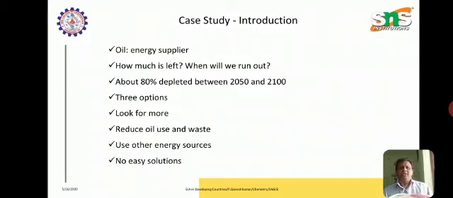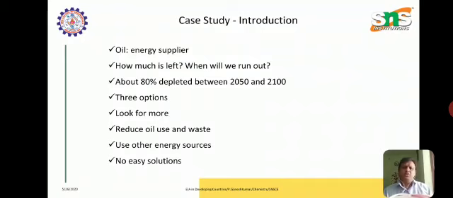But the study says that about 80% of this energy will deplete by 2050 and 2100. Maybe in another 80 years we are going to deplete everything. What happens after that, we don't know. But unfortunately, our future generations will suffer a lot for these things.